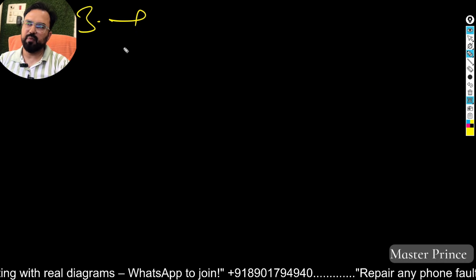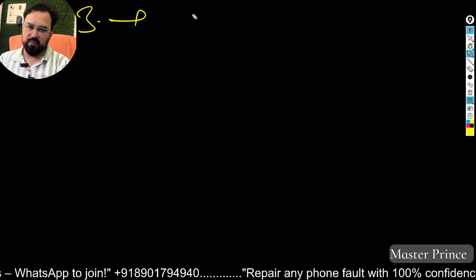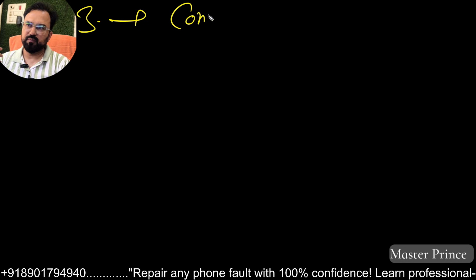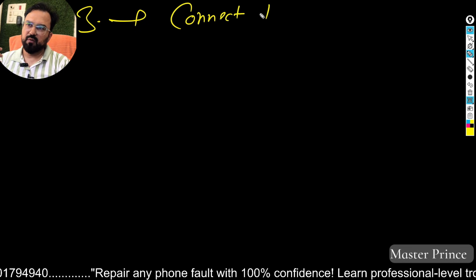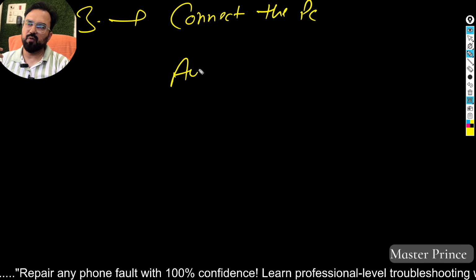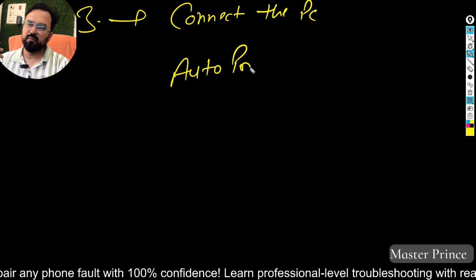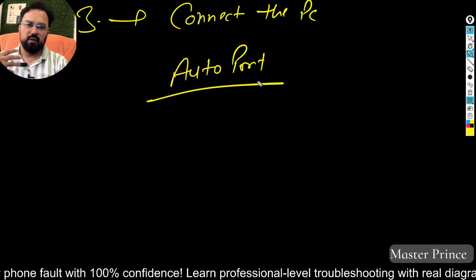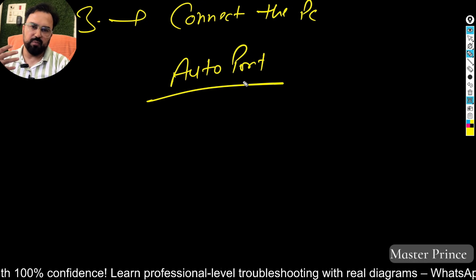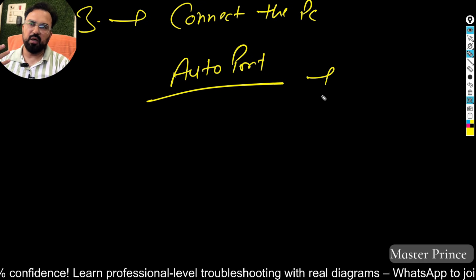Now the third step, after you see the charging reading and the DC reading, you connect with the PC with the data cable, and it's taking the auto port. When you go to settings, I mean in the computer manage option, there is another port.